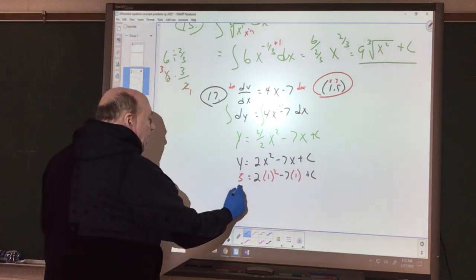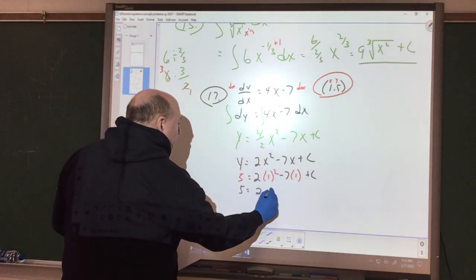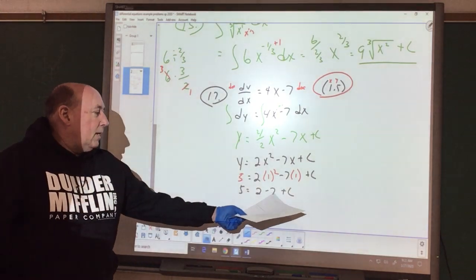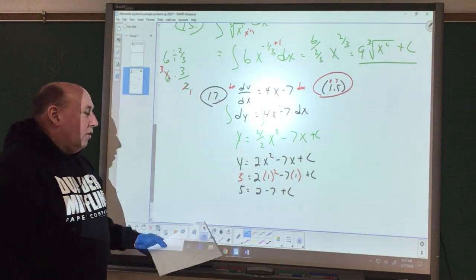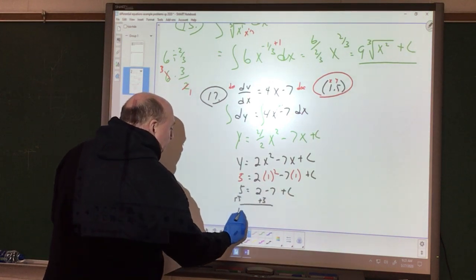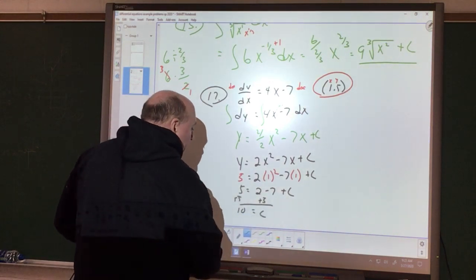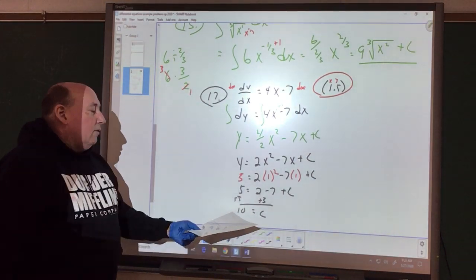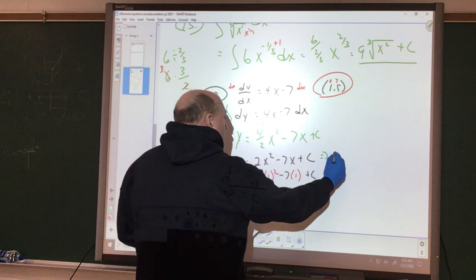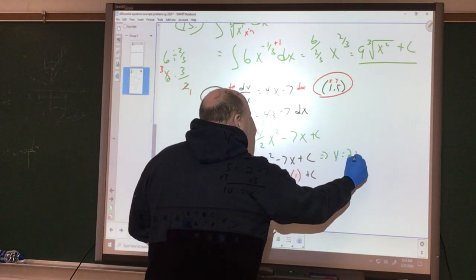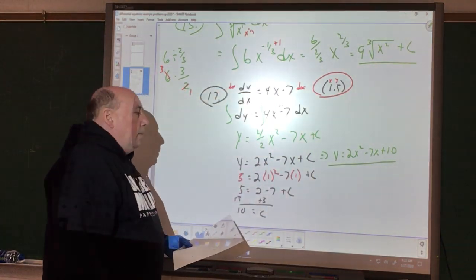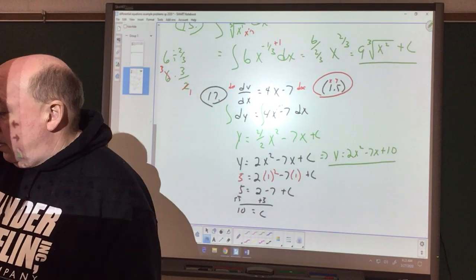So we have 5 is equal to 2 minus 7 plus c. This gives me negative 5. I add 5 over. So we have 10 is equal to the value of c. Once again, don't leave it just as this. You want to rewrite y equals 2x squared minus 7x plus 10.